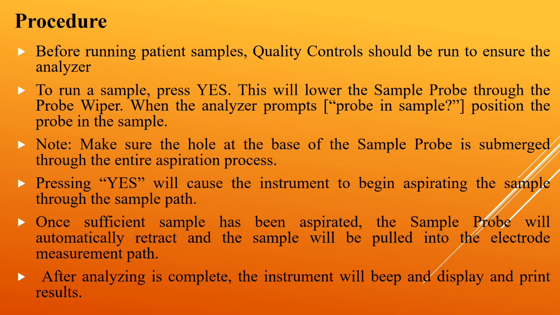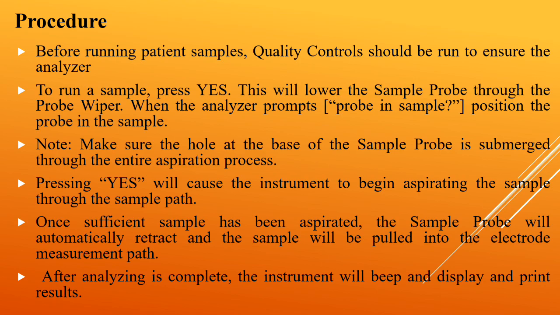This is the usual procedure which we do in the laboratory using the ISE, ion-selective electrode instrument. Before running the patient sample, quality control should be run to ensure the analyzer is working. For quality controls, we give standards like sodium standard and potassium standard.